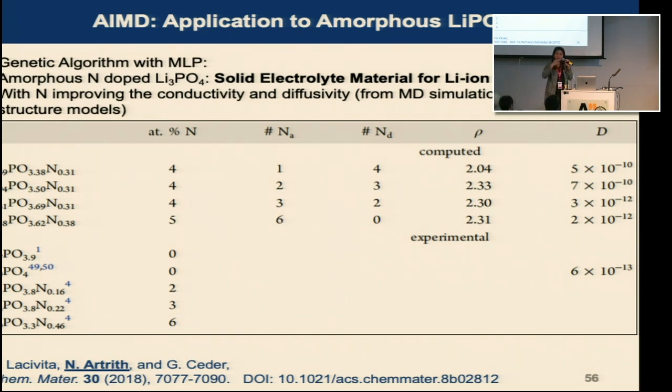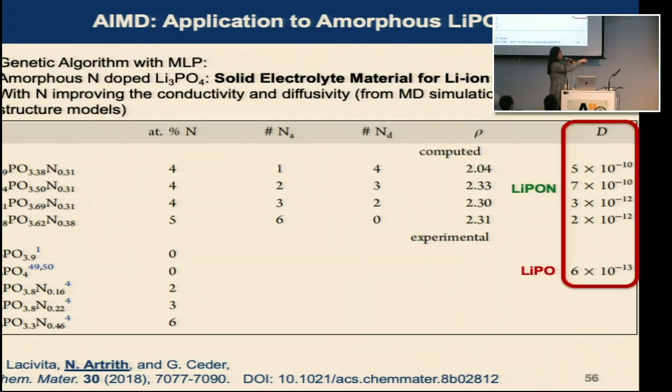Then we use the more accurate method like AIMD to get another property like diffusivities and also conductivity. In many different compositions that we have here, we also found the same as the experimental result: with nitrogen doping, we get better conductivity than without nitrogen.